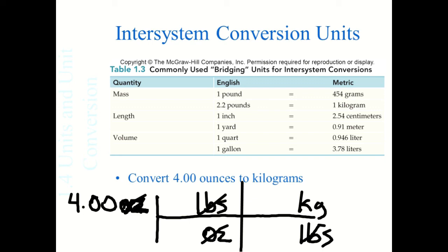So ounces cancel, pounds cancel, I'm left with kilograms. So I did it right. Now let's put our numbers in. Ounces to pounds, what number goes on top? What number goes on the bottom? Kilograms and pounds, what number goes on top? 1 kilogram, 2.2 pounds.